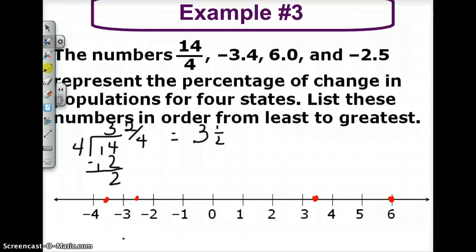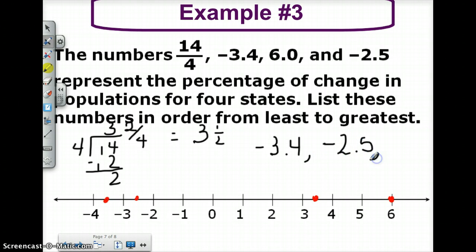The smallest number listed was negative 3 and 4/10. Then we had negative 2 and 5/10. Then we had 14 over 4. Make sure that you write your answers using the original form of the number that was given. And our final number is 6.